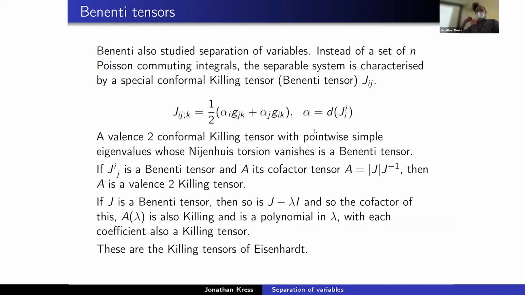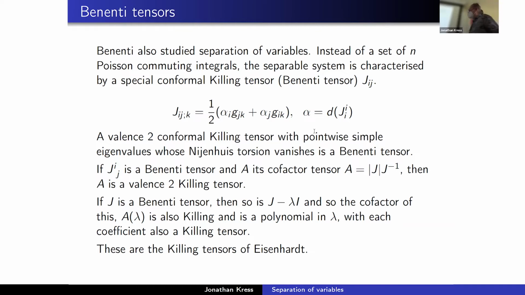The starting point was a single tensor. In Eisenhart and Stäckel, I think there were n commuting tensors there from the start. With Benenti, he has a single tensor, and from that you can construct the n commuting integrals.